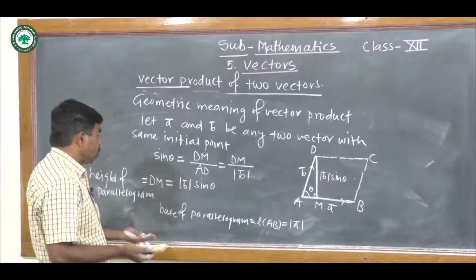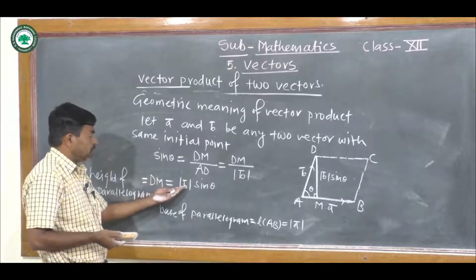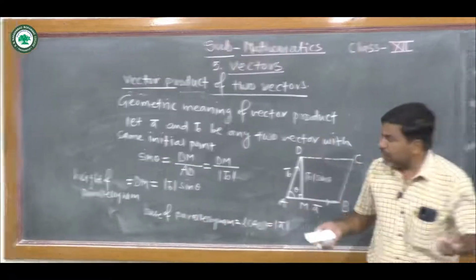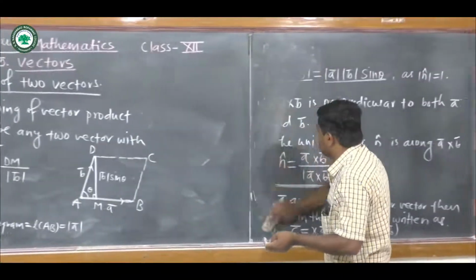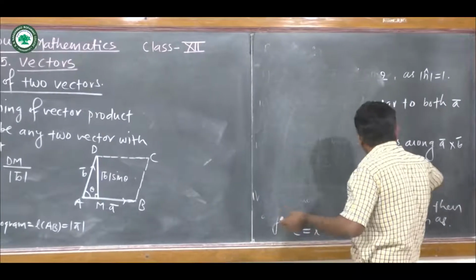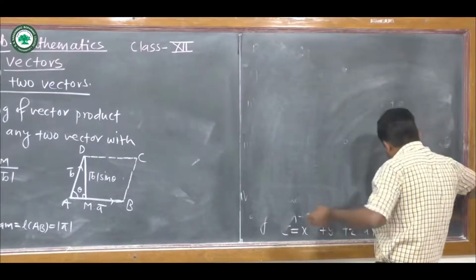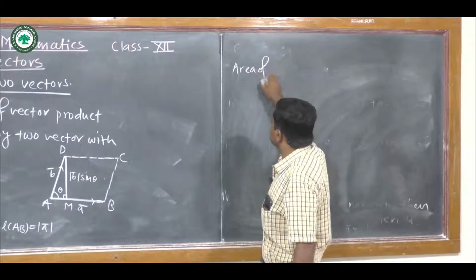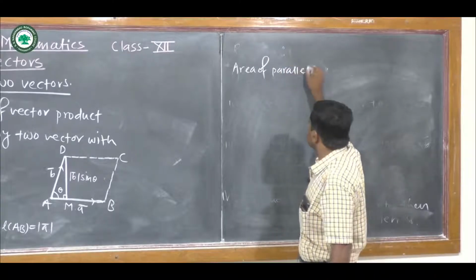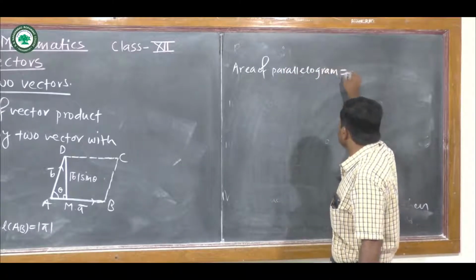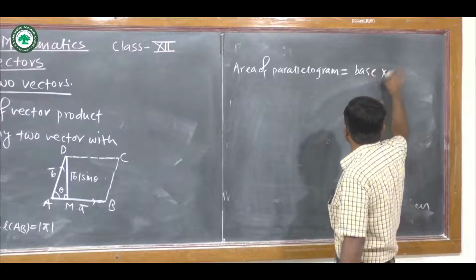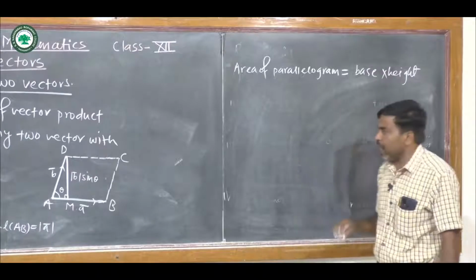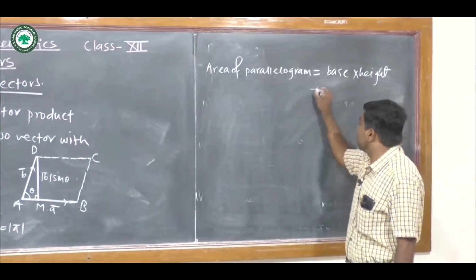Now we have the base of the parallelogram and the height of the parallelogram, that is magnitude of vector B into sine theta, and base is magnitude of vector A. Now we have the definition of area of parallelogram. We know that area of parallelogram is equal to base into height.